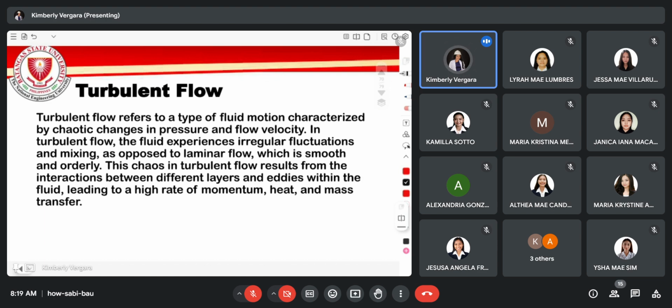So, pinaka-overview lang po yung madidiscuss po natin dito kay Physics 2. Ano po about kay laminar, transition, and also turbulent. So, kay laminar, sabi nga, parallel lang po siya. Ganyan lang po kapag parallel kay laminar.